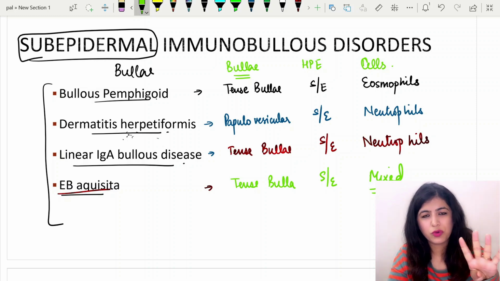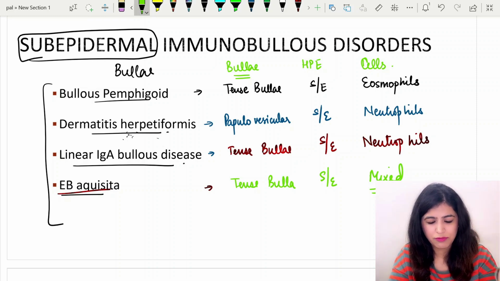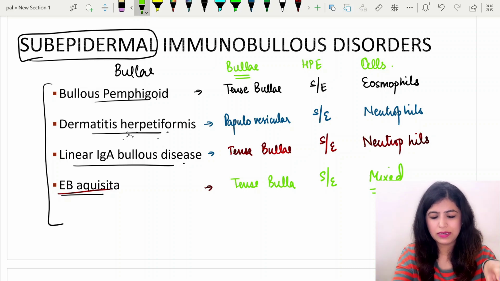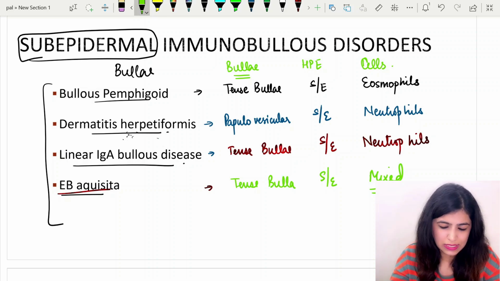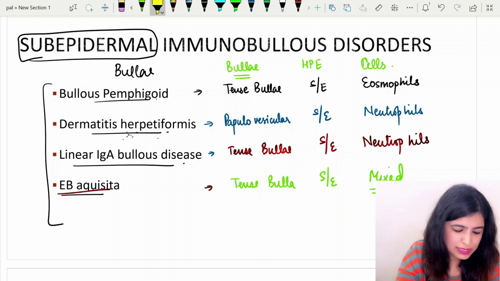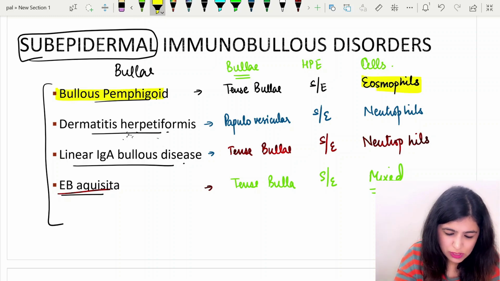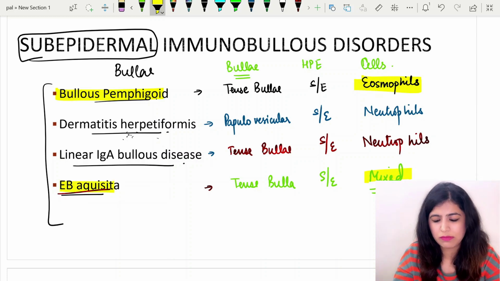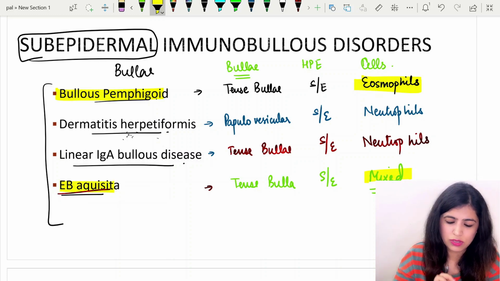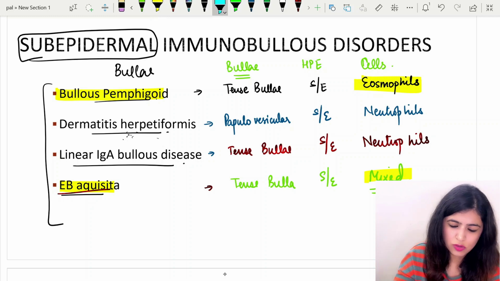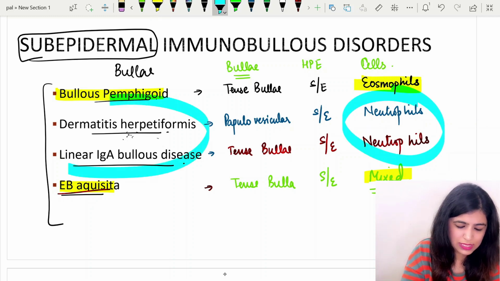So these are the 4 main subepidermal disorders with their clinical skin features and the inflammatory cells. Now, bullous pemphigoid shows eosinophils, so this is out of our question. EB acquisita shows a mixed infiltrate, so this is out of the question. Neutrophils are present in these 2.